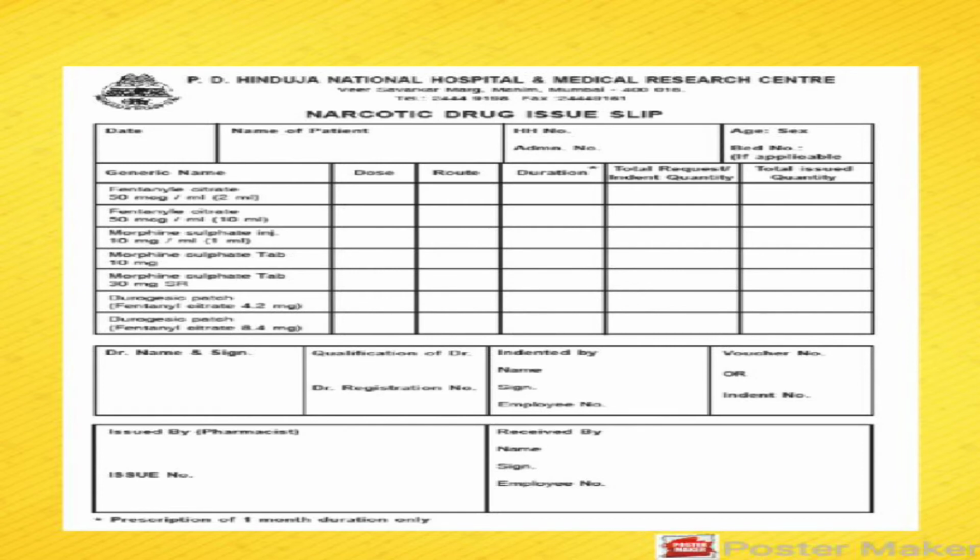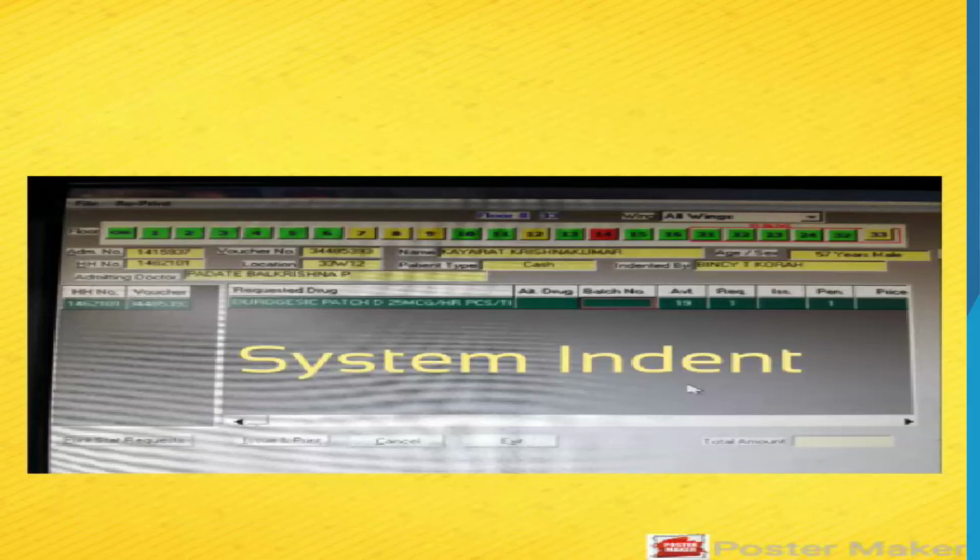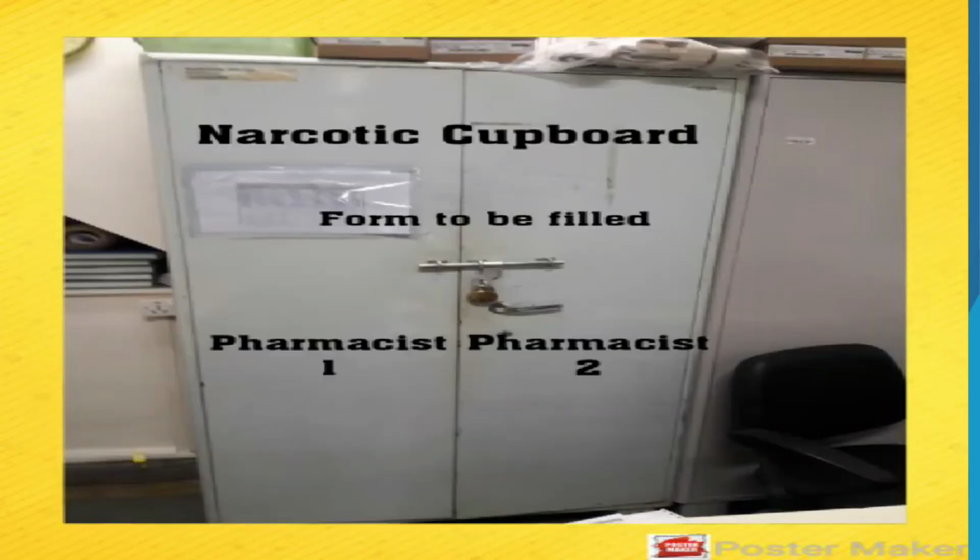We match the checklist with the system indent also. After checking both the manual slip and system indent, removal happens in the presence of two pharmacists.